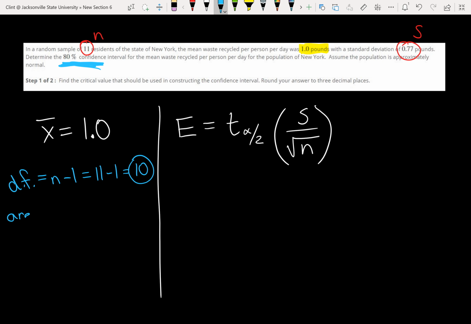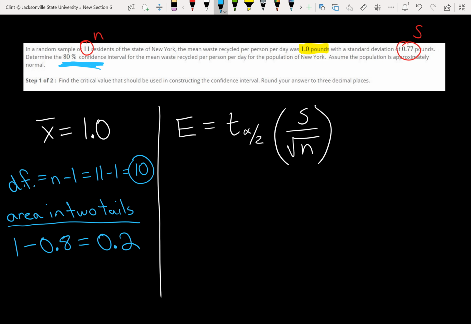So the area in 2 tails, it's 1 minus 80%, or 1 minus 0.8. So we get an area of 0.2 in 2 tails. So then we can use that information to go to the T table and figure out our critical T value. So 10 degrees of freedom, 0.2 in 2 tails.